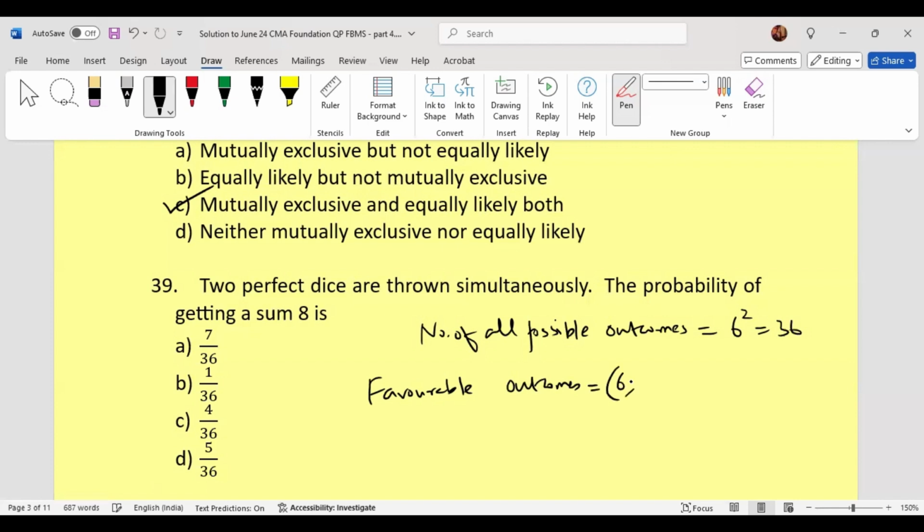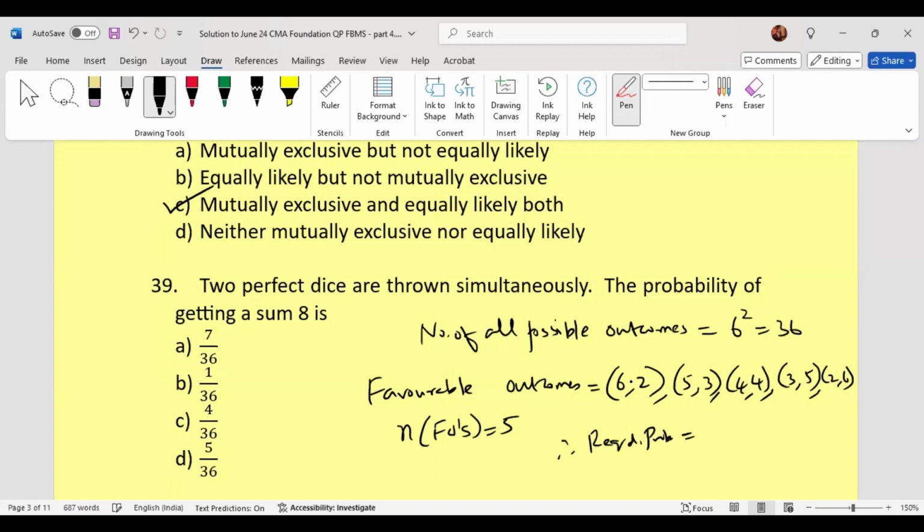If I consider 8 as the total, if I consider 6, the other one will be 2. 5 means 3. 4 means 4. And then 3 means 5. And then 2 means 6. That means the number of favorable outcomes will be 5. Therefore, the required probability will be the number of favorable outcomes, which is 5, over all possible outcomes, which is 36. So 5 by 36. So the option is D.